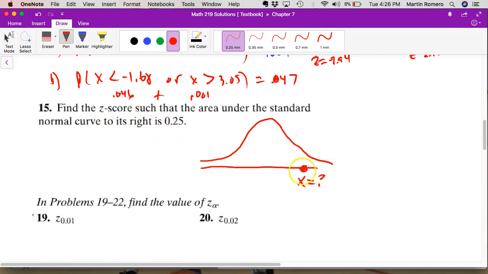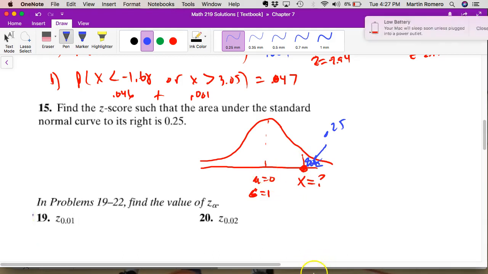Remember, StatCrunch uses x because it's a generic variable, but here we're talking about z-scores because the mean is 0 and the standard deviation is 1. We're trying to find the x value where this area is 0.25. We know how to do that from StatCrunch.